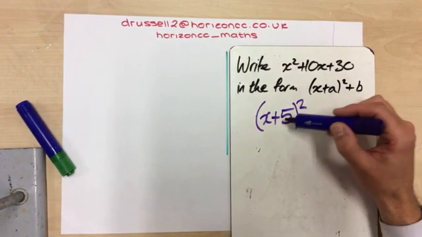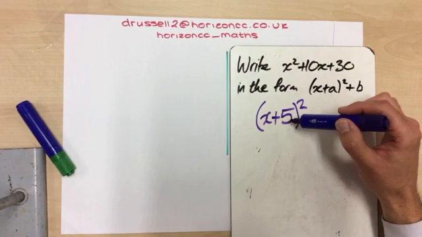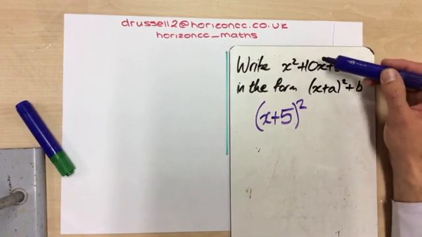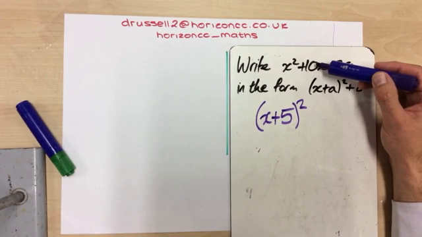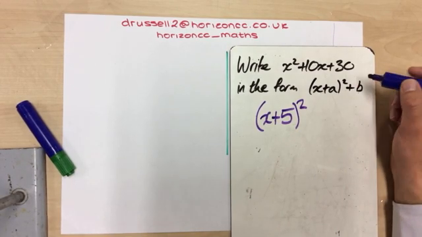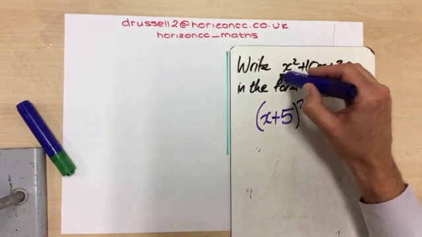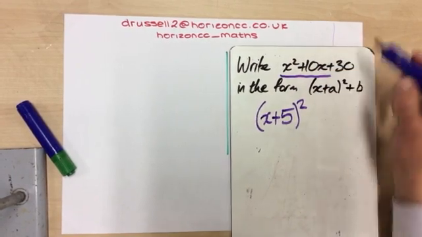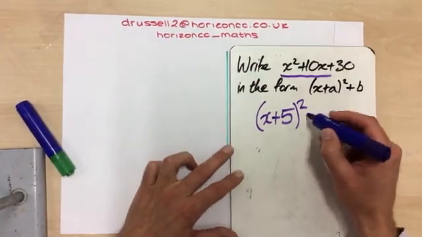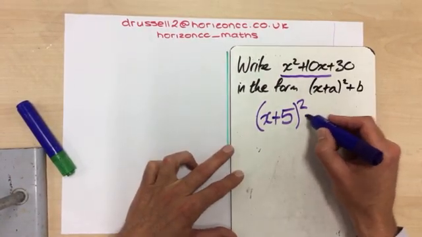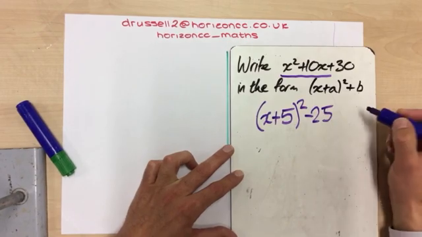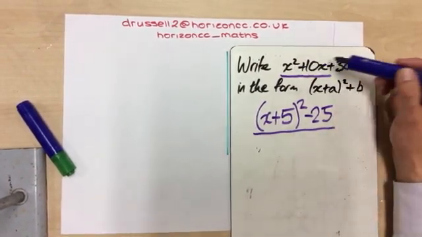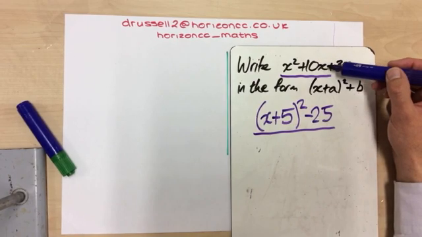Now, if we were to expand x plus 5, multiplying it by itself, we'd get x squared. We'd also get the 10x, but we'd also get a plus 25 that is extra to those first 2 terms in my original expression. So we need to subtract that 25 straight away so that this part of my answer matches the bit that I've got underlined at the top there.